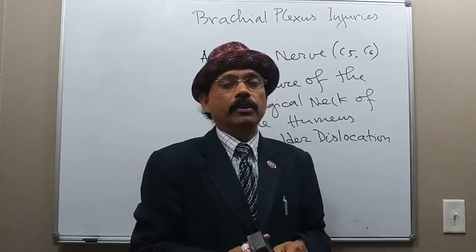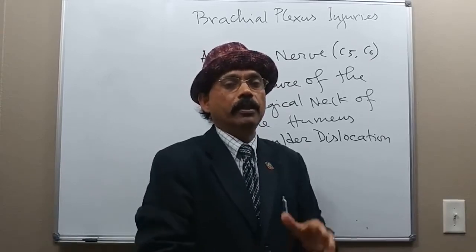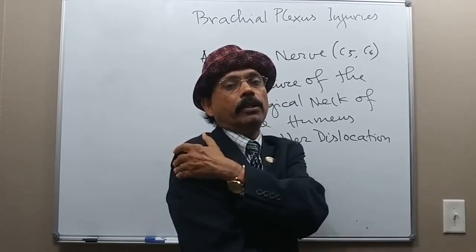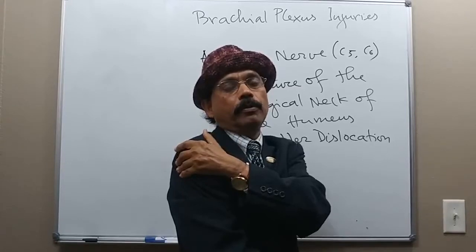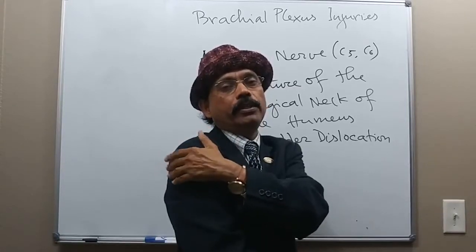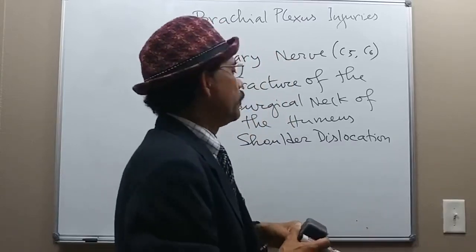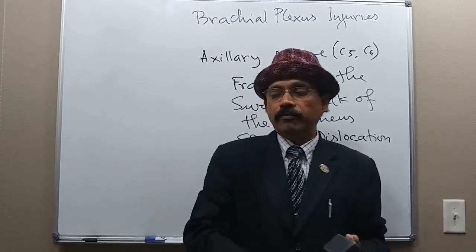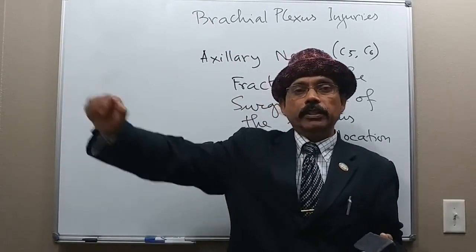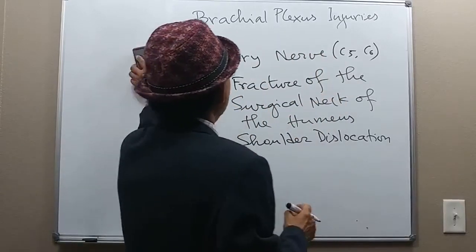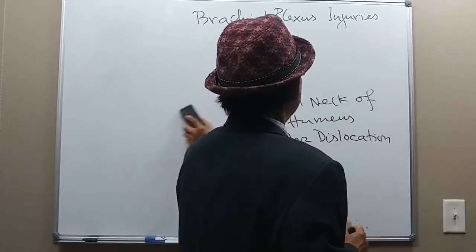Axillary nerve, if it is involved, if it is damaged, then deltoid will not get innervation. So eventually the muscle will be atrophied and the flattening process will be very prominent. And the person cannot abduct from 15 degrees to 90 degrees. Okay. We got the axillary nerve lesion.